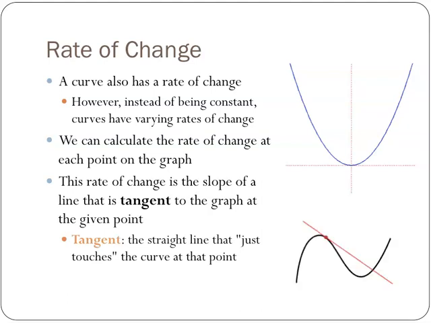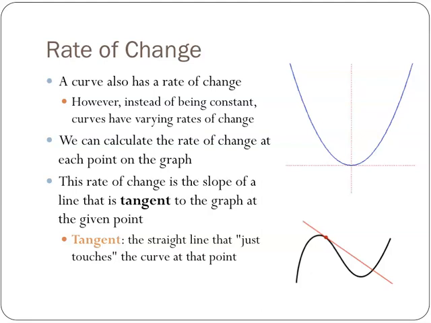So here's an example. That red point right there, if I wanted to know what the rate of change was at that specific point, then I would just draw a tangent line, the red line that's drawn here. Whatever the slope of that line is going to be the rate of change at that point. Now, how do you go about finding this line?